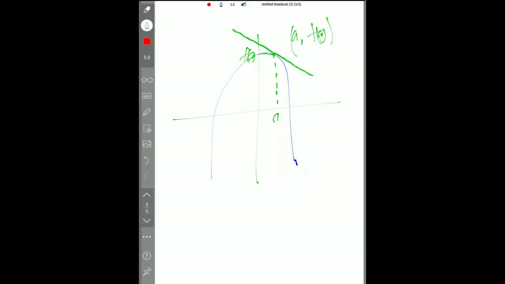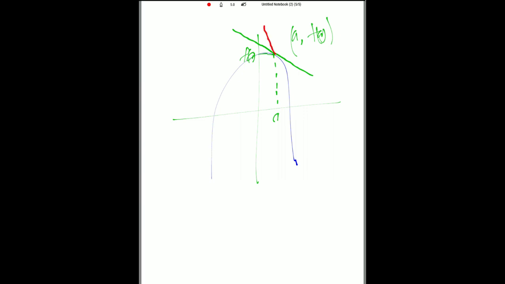We're going to draw a number of lines that pass through this point, a, f of a, and they also pass through another point on the curve that we will call x, f of x.